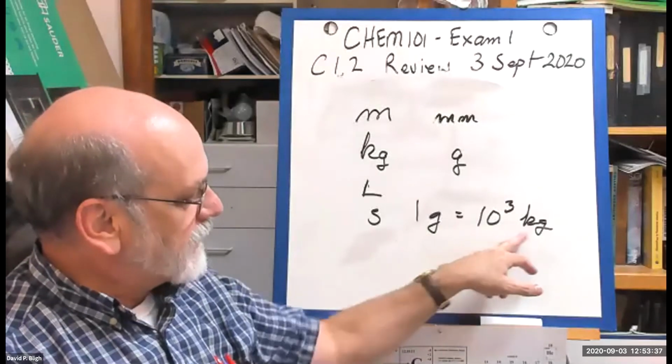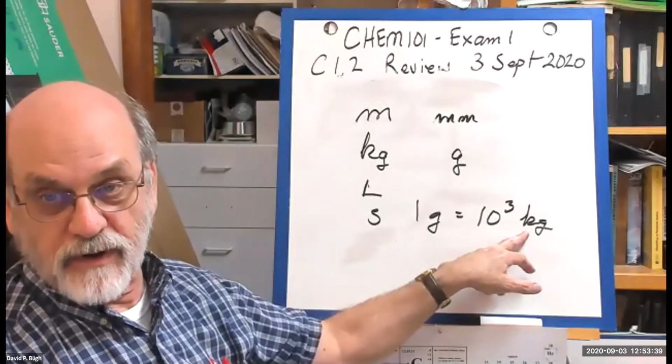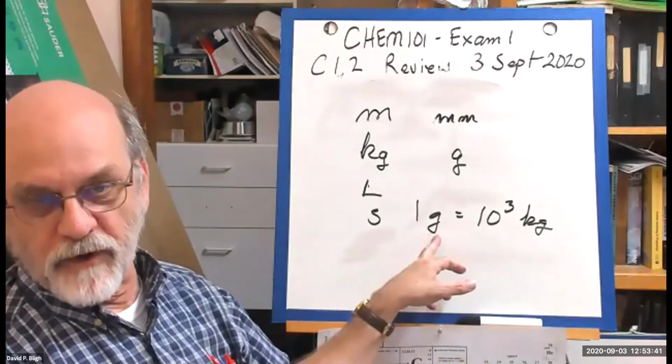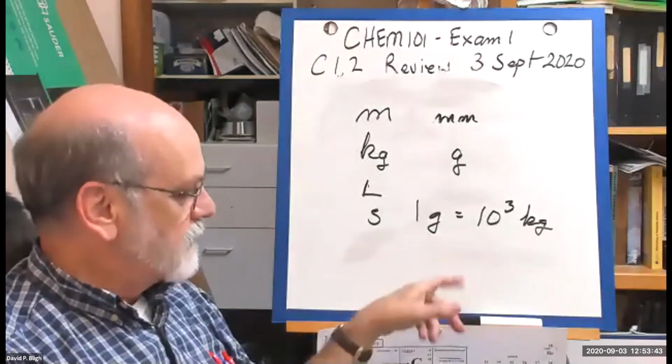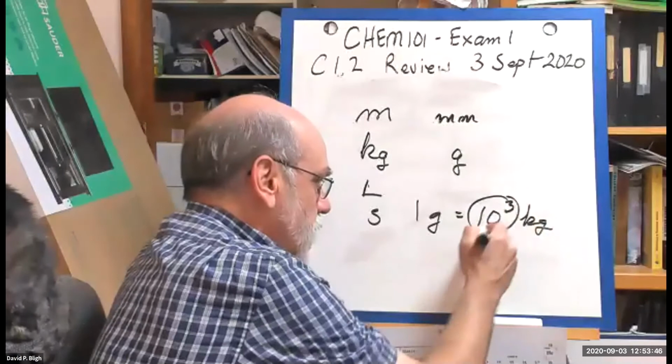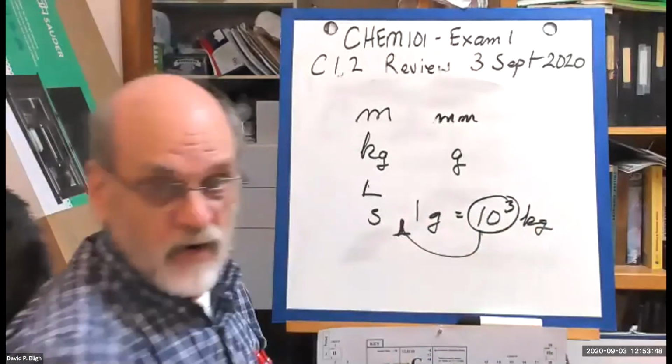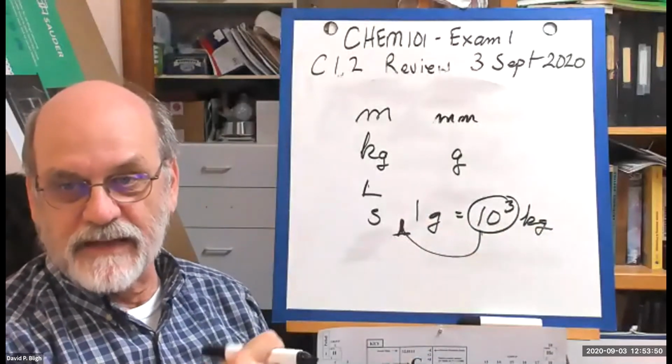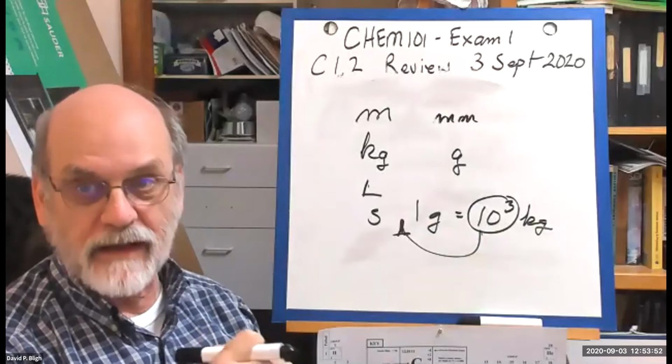So if you multiply the kilogram times a large number, you're going to be even further from reality. In fact, this should be over there. It takes 1,000 grams to make 1 kilogram.